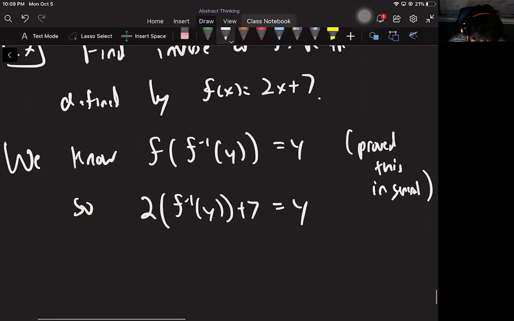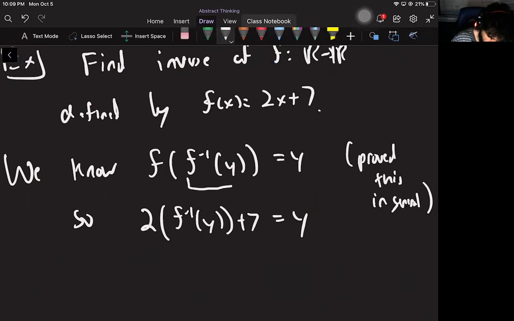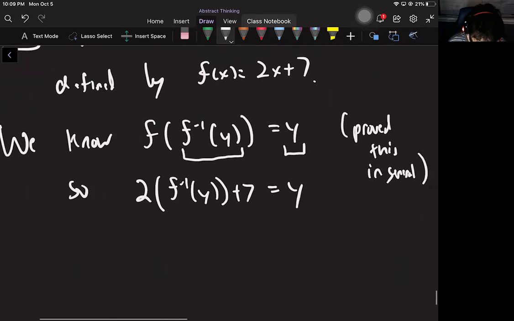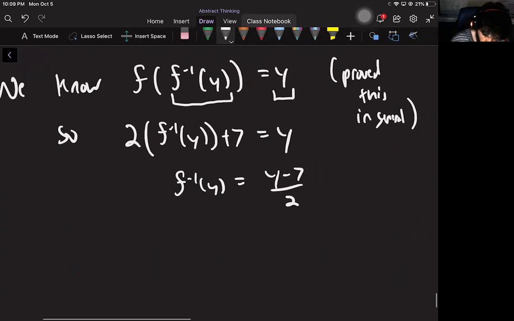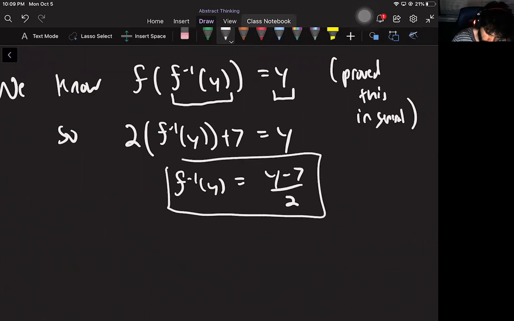So now I can figure out what f inverse of y should be to make y pop out, to undo my function by solving for it here. So I just subtract the 7 and divide by the 2. And that is exactly why that trick works.